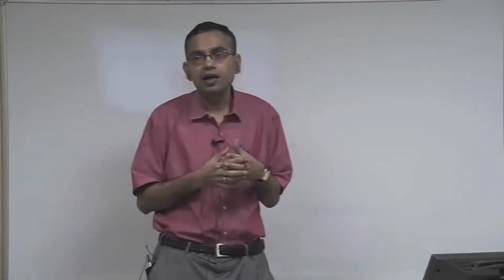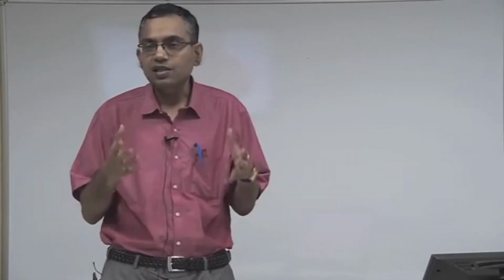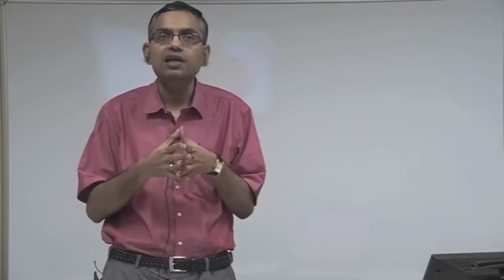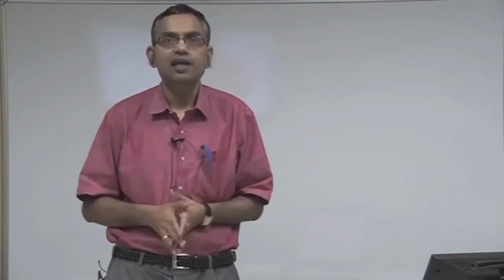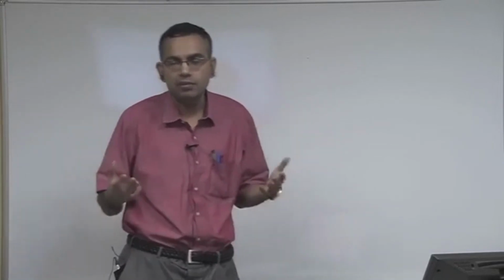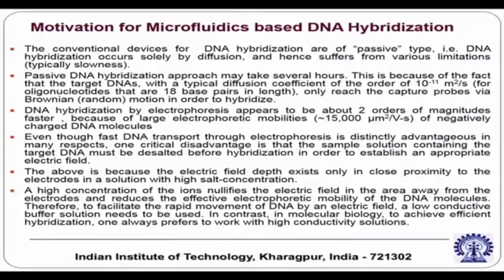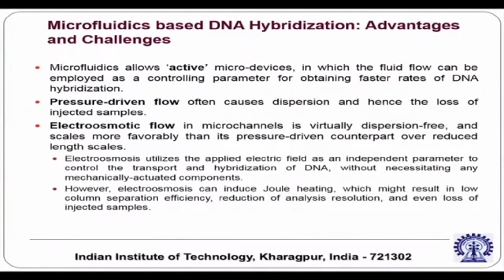Because of the significant heating there may be denaturation, or the breaking of the successfully hybridized double stranded DNA back to single strands. So thermally labile samples, not just DNA but any thermally labile samples, are not good to handle in a situation when there is significant heating or overheating of the sample. So one has to go for some alternative techniques for DNA hybridization.